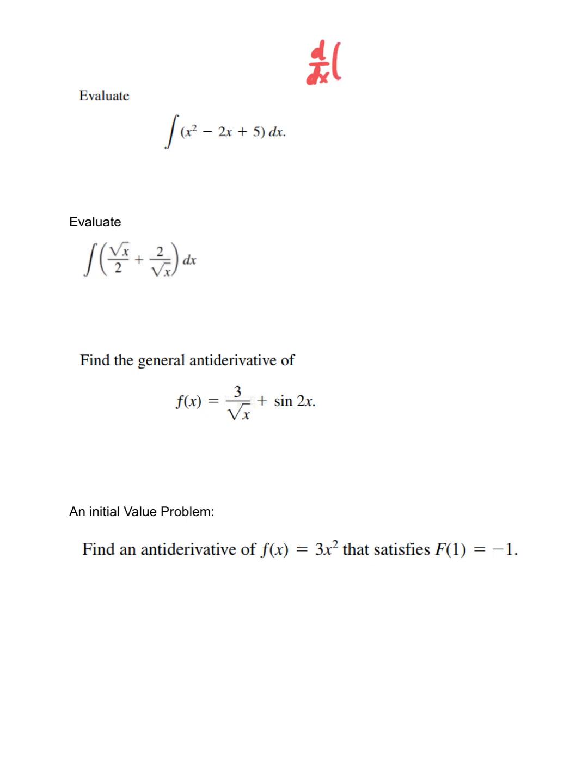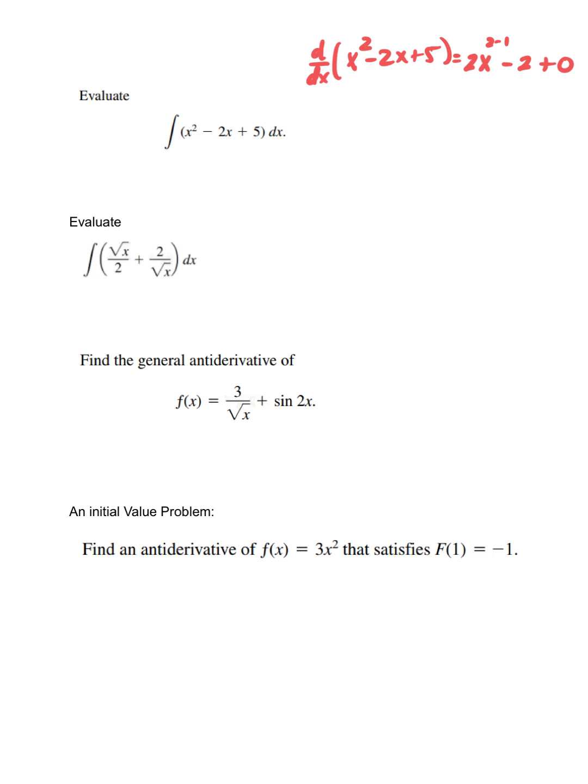If we were going to do derivative instead of integral, I know that my exponent would drop to the front, and then I would subtract 1 from the exponent. And the derivative of 2x would just become 2. And the derivative of 5 would become 0.